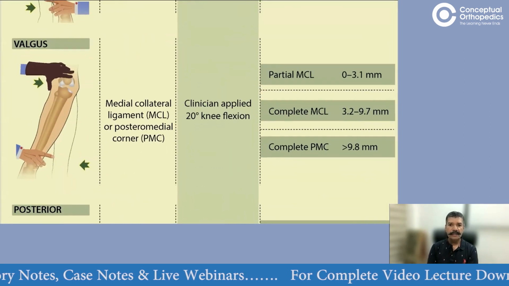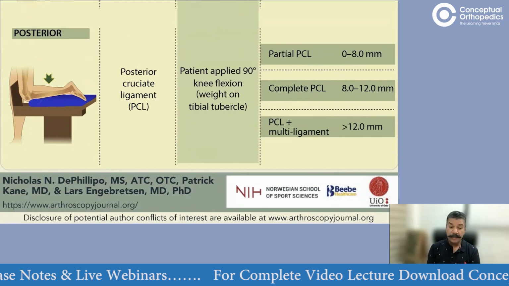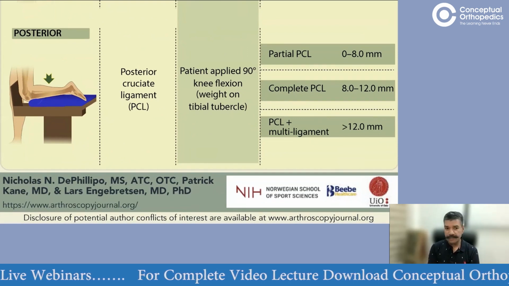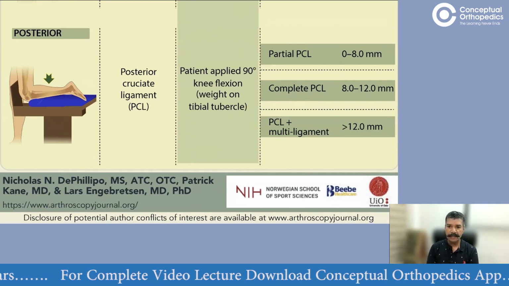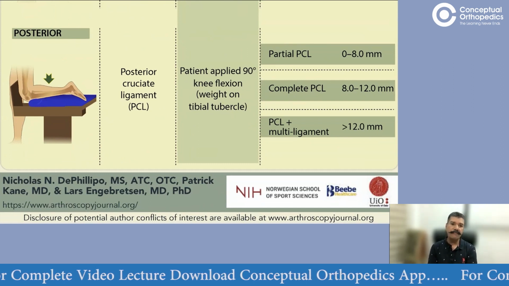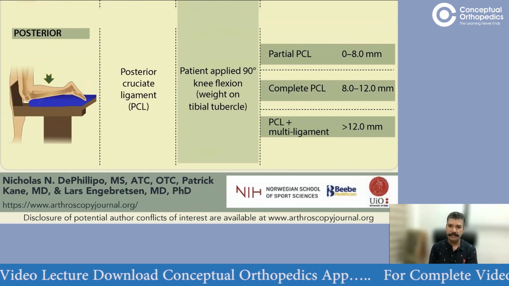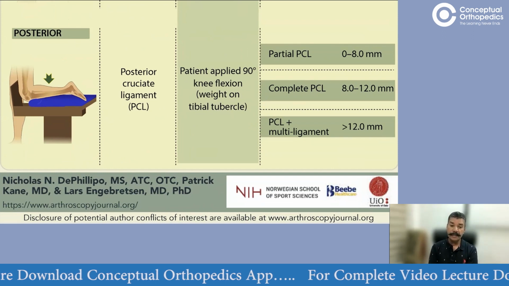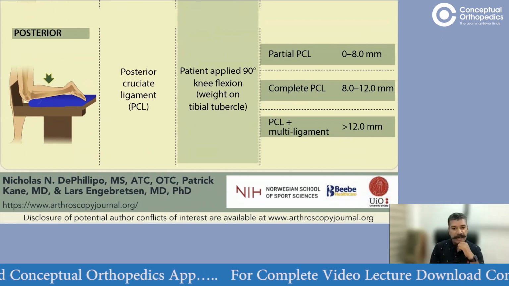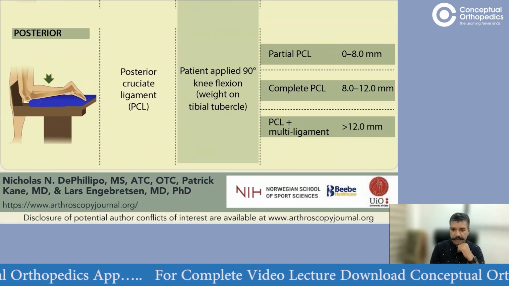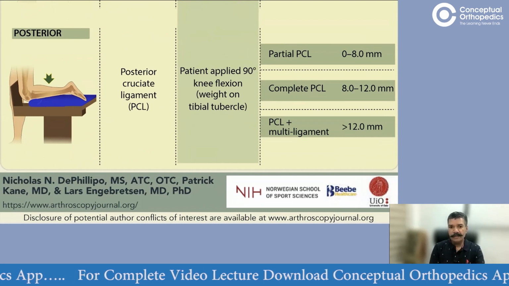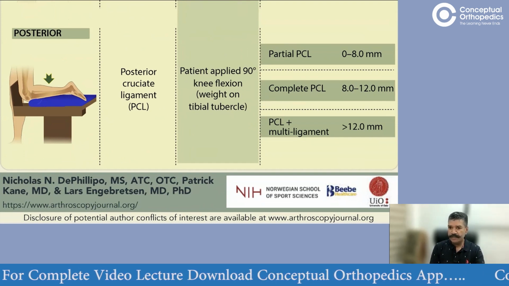When it comes to the posterior side of the knee, you do this kneeling stress view, which is a very easy view to obtain. It may look a little difficult, and I will discuss the way of obtaining these kinds of views as well. This is done for the posterior cruciate ligament. You must understand that a posterior cruciate ligament injury can only be diagnosed clinically and with the help of stress X-ray.